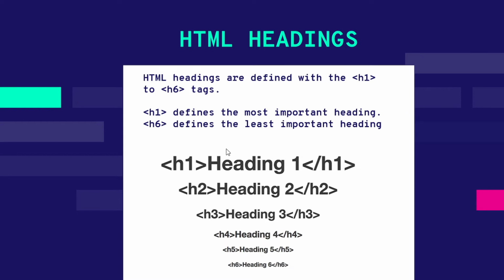Heading 1 is the biggest heading, and the second heading, which is h2, is a little bit smaller in size than h1, and then h3, and then it goes to h6. So this is the main set of headings we use in HTML. The most important heading you will enclose inside h1, and the least important will be inside h6. So these are the patterns of headings.